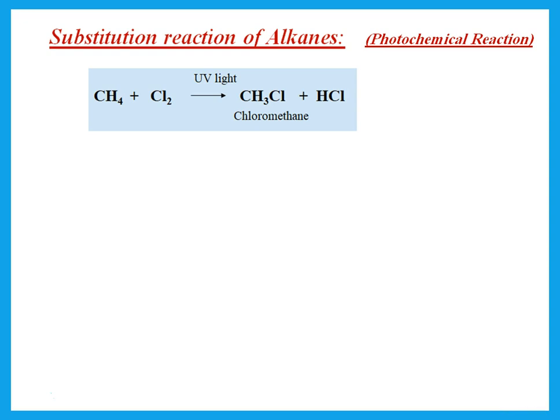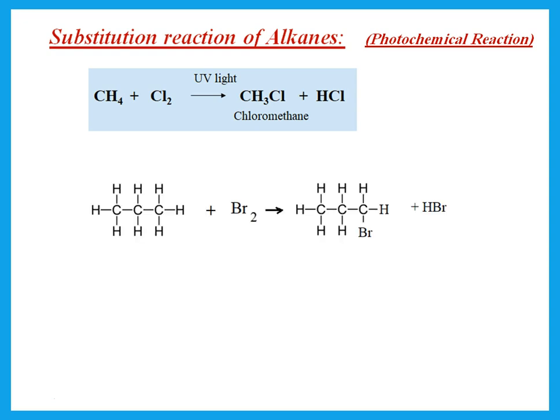So the word substitution means replacing one atom by another. So in the substitution reaction of alkanes, we're going to replace one of the hydrogens with a chlorine. And that means I am left with the hydrogen that I removed and the other chlorine from the Cl2. So my other product is HCl.